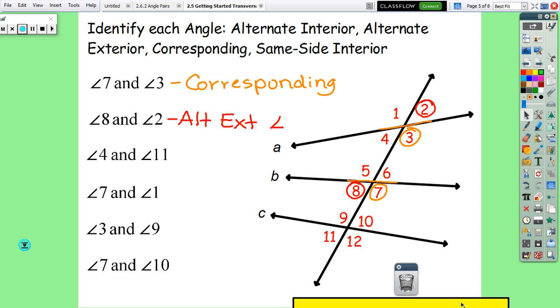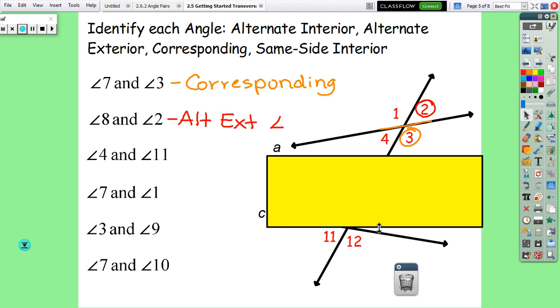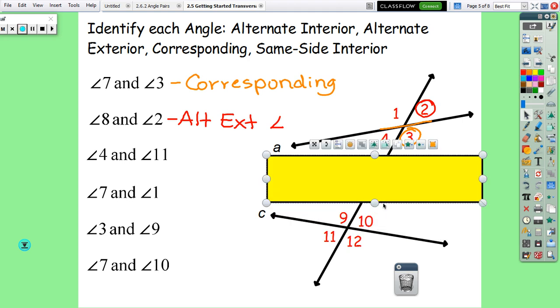Okay, get this guy out of the way for a little bit. And again, if you need to, what you could do is think about covering up this set of angles now, because we're talking about 4 and 11.